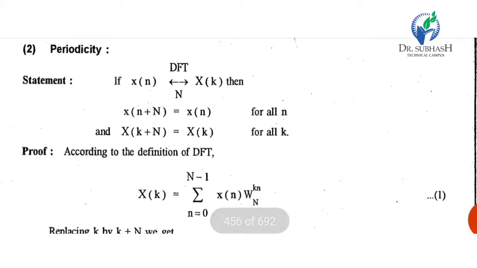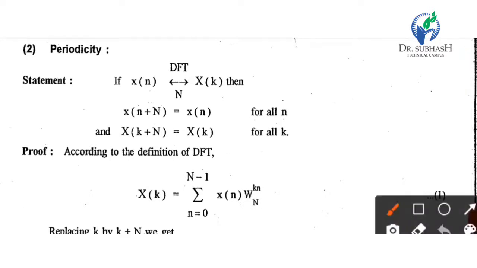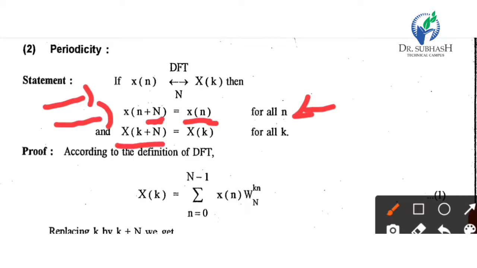The next property is periodicity. If x of n has DFT x of k, then x of n plus N equals x of n for all n, and so it repeats after N samples. Similarly, x of k plus N equals x of k for all values of k, so it also repeats after N samples.